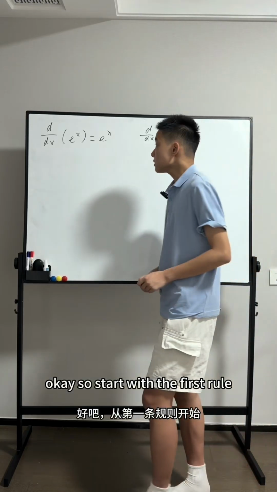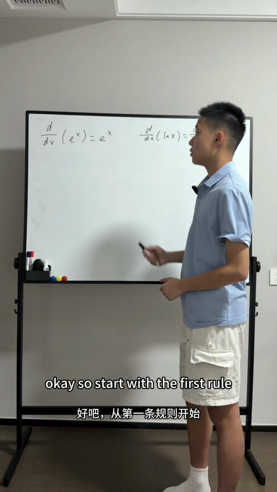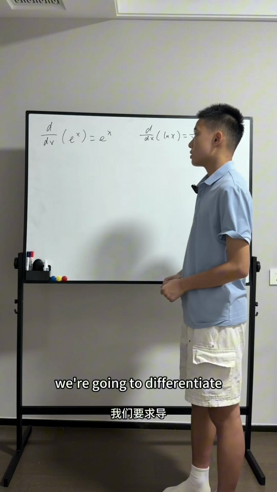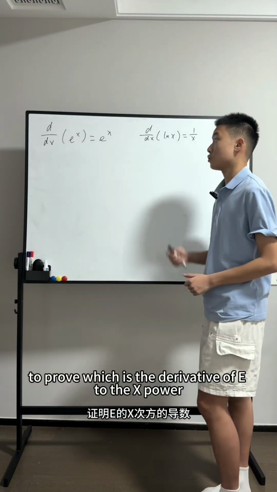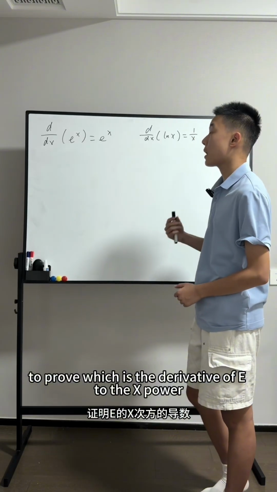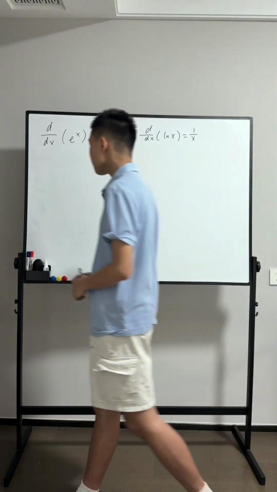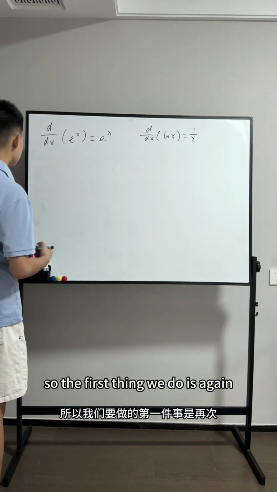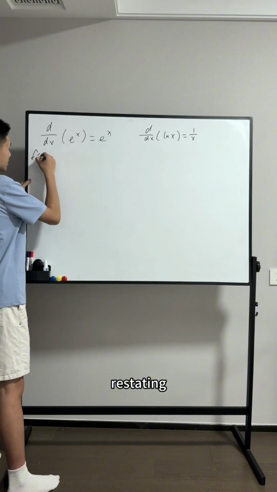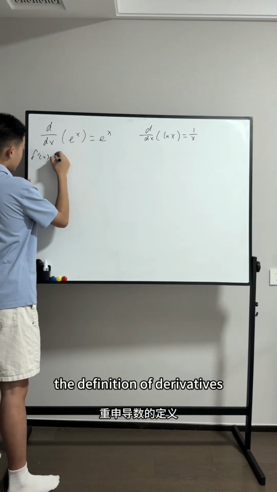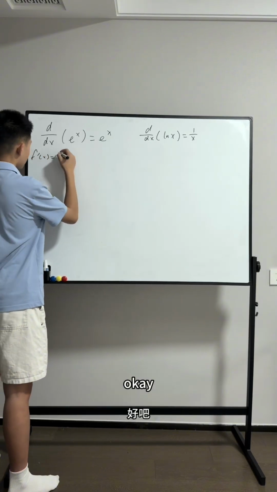Okay, so start with the first rule we're going to prove, which is the derivative of e to the x powered is equal to e to the x powered itself. So the first thing we do is again restating the definition of derivatives, okay?